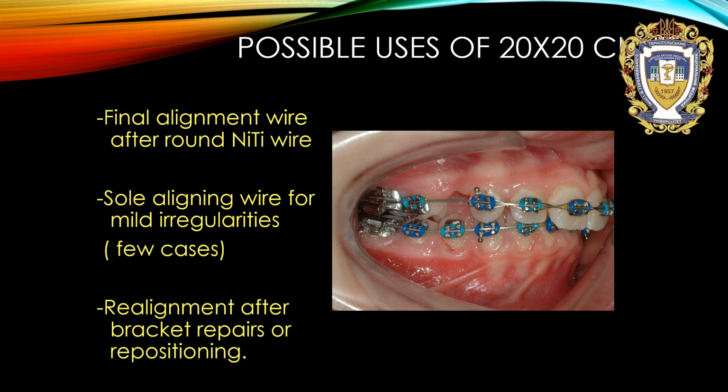Possible uses of 20x20 copper NiTi: final alignment wire after round NiTi wire, sole aligning wire for mild irregularities, realignment after bracket repairs or repositioning.